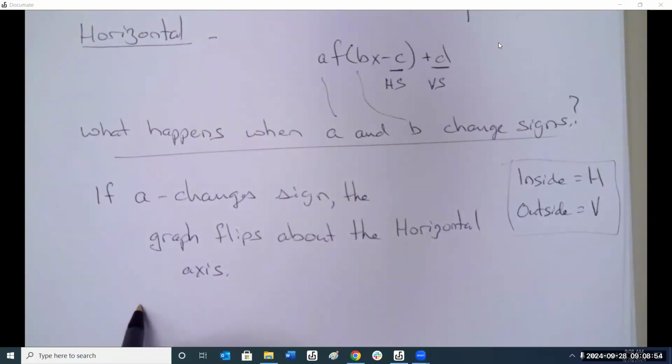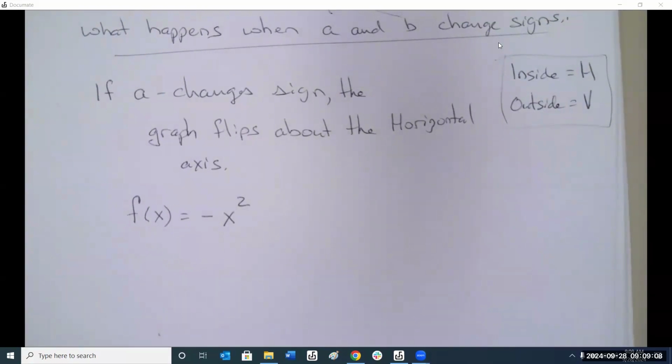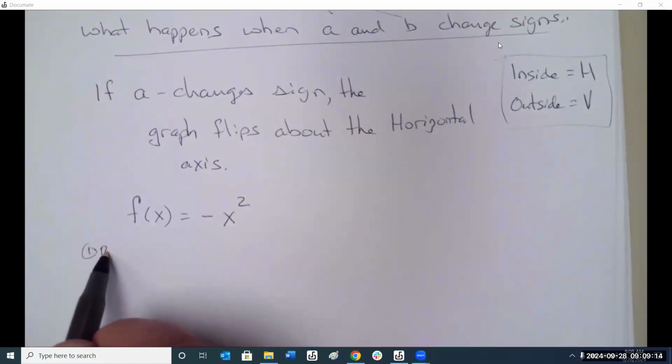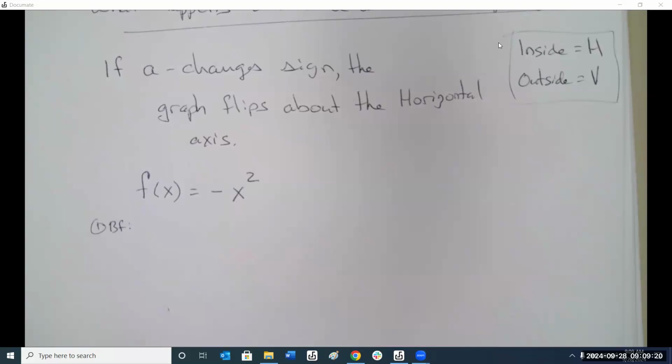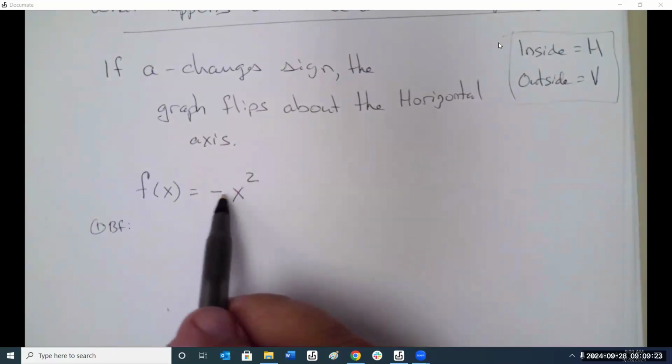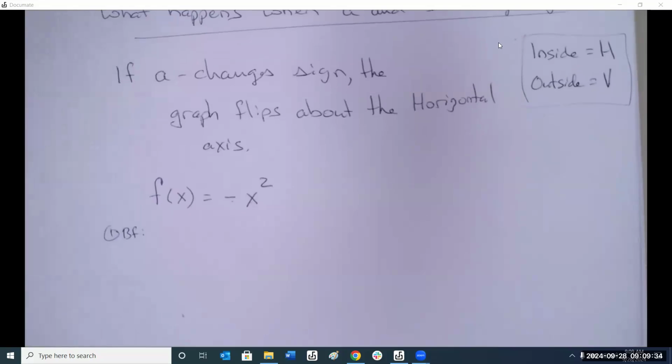Here is an example. What's the function? What's the basic function? Think of order of operations. Is multiplication or exponent more important? Because special operations are done first.